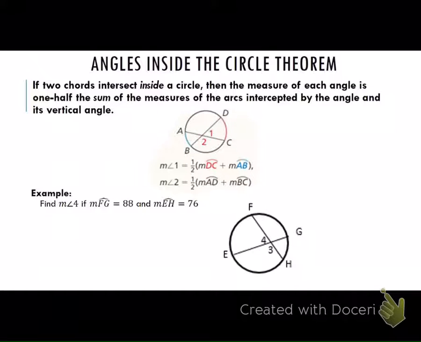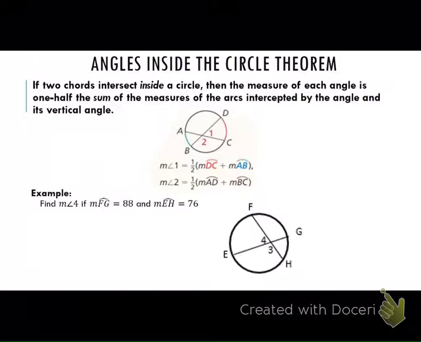So if an X is created, what sign does it look like a little bit? Does it look more like addition or subtraction? Addition. Do you see what we're doing with the arcs? An X kind of looks like an addition sign.